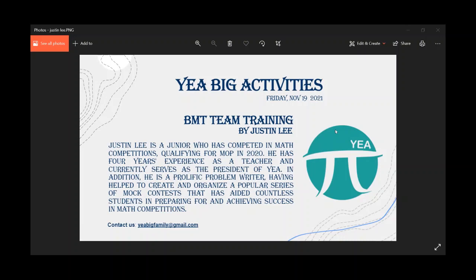Now, the point is a round that is in BMT that isn't in every math tournament. A number of math tournaments do have a similar type of round, but not all. This round is the power round. So today I'd like to focus on the power round.